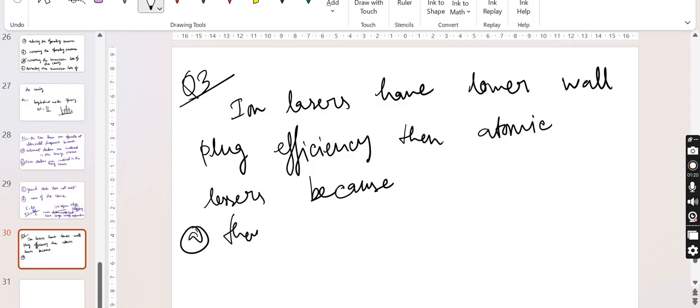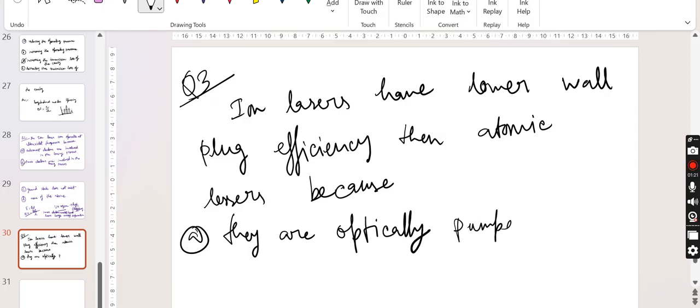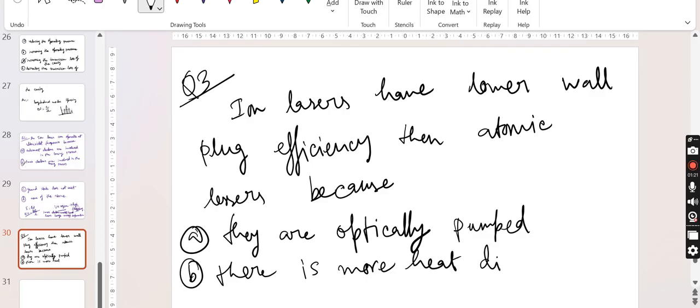A, they are optically pumped. B, there is more heat dissipation.